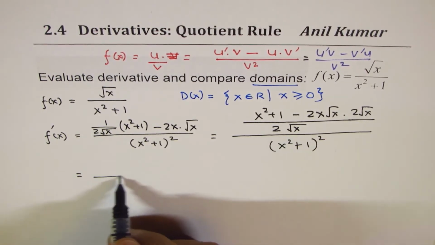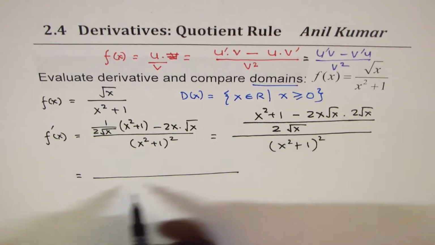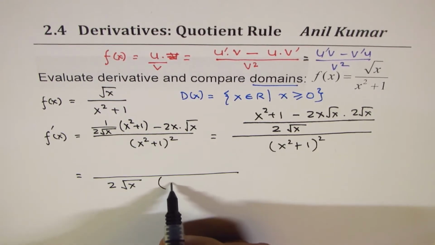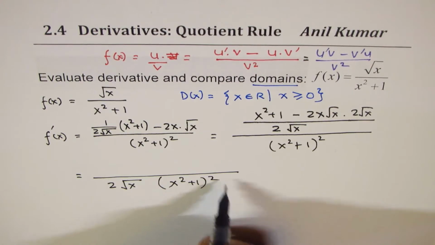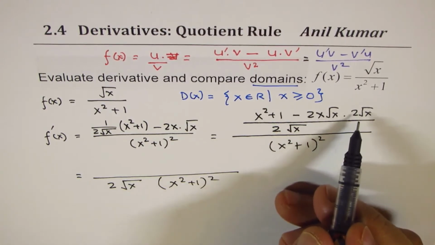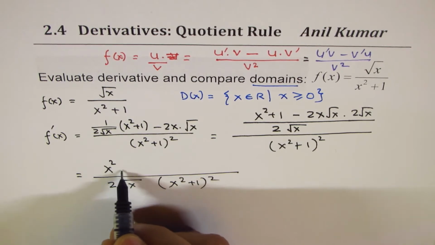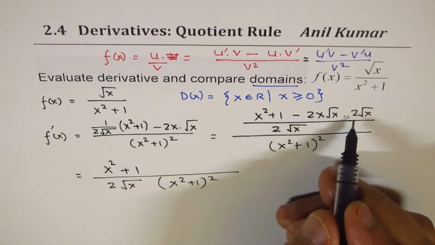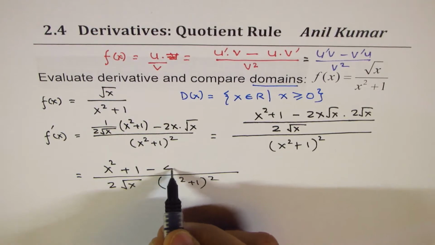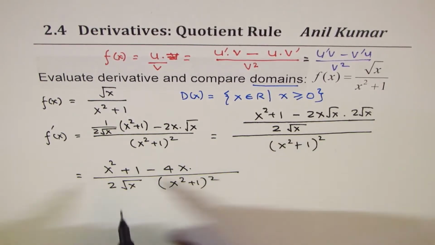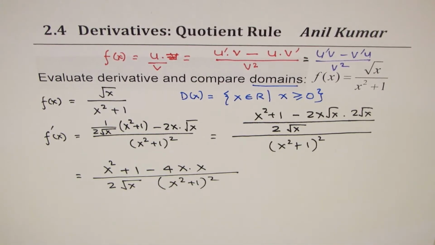Correct? So now what you can do is, you bring this 2 square root x in the denominator, copy this, which is x squared plus 1 whole square. Combine these terms. So we get x squared plus 1. 2 times 2 is 4, so we get minus 4x, and square root x times square root x is again x, correct?